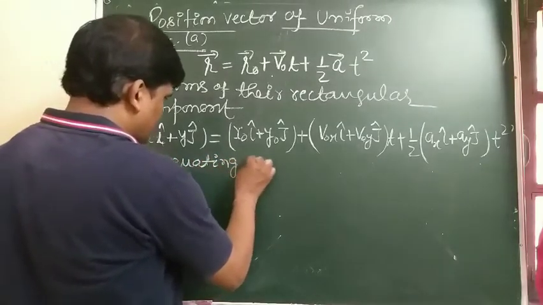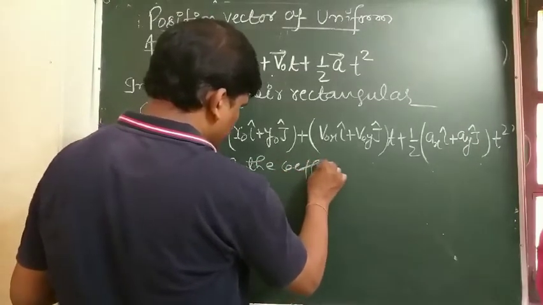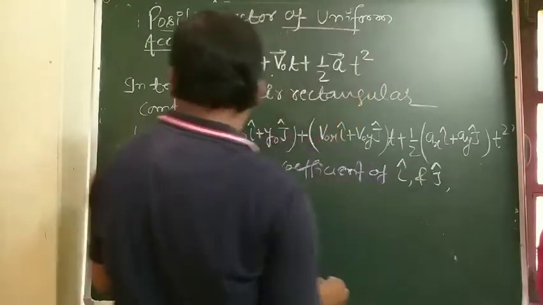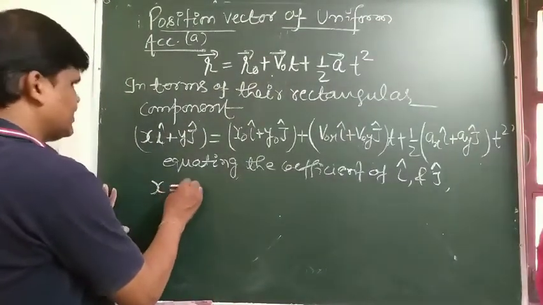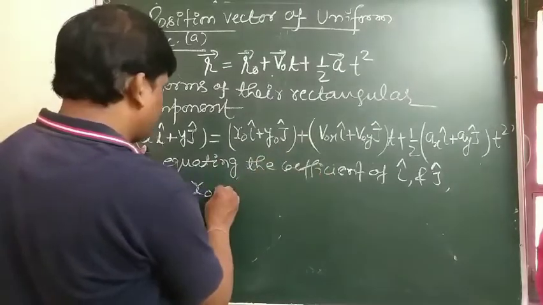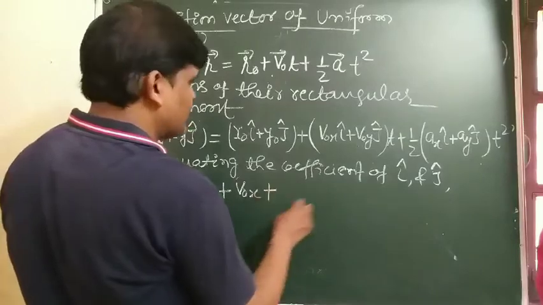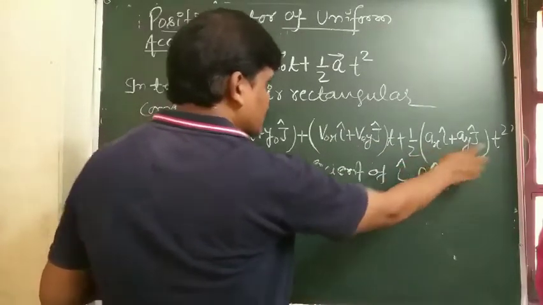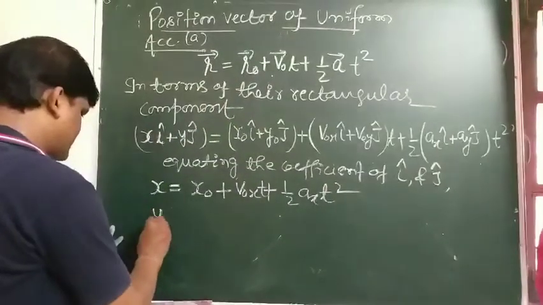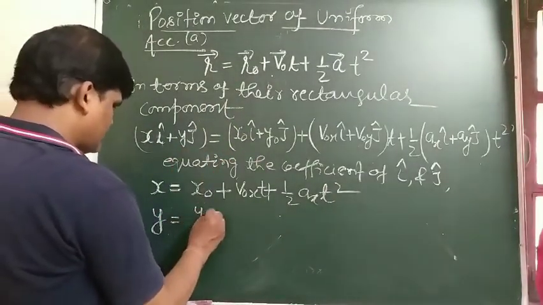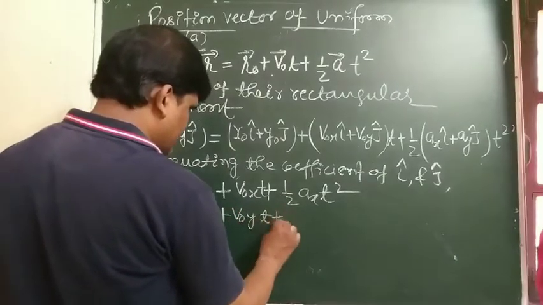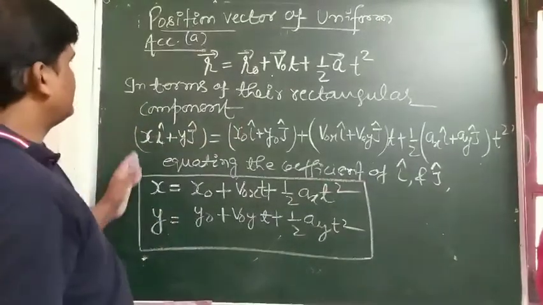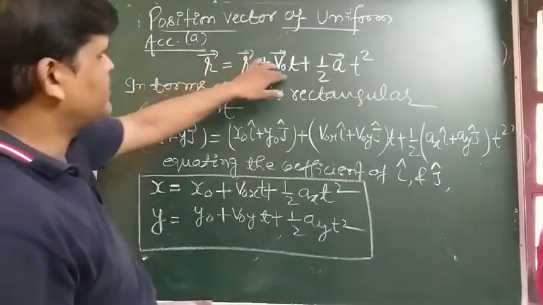Equating the coefficients of i cap and j cap on both sides, x can be written as x0 plus v0x t plus half ax t square, and y can be written as y0 plus v0y t plus half ay t square, and these are the rectangular components of the position vector r, with r0, v0t and a.